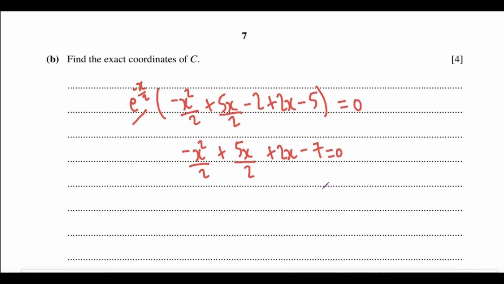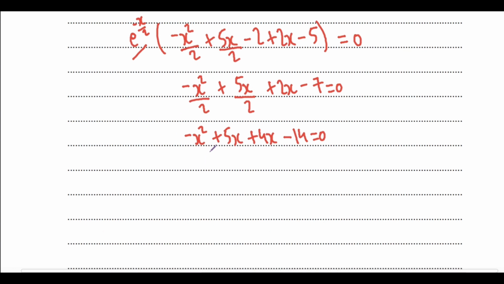Well, we can multiply both sides by 2, so you're left with negative x squared plus 5x plus 4x minus 14 is equal to 0. And then you can bring everything to the other side, so you're left with x squared minus 9x plus 14 is equal to 0. It's a simple quadratic to solve. You can factorize it. x minus 2, x minus 7 is equal to 0. So x is equal to 2 or x is equal to 7.